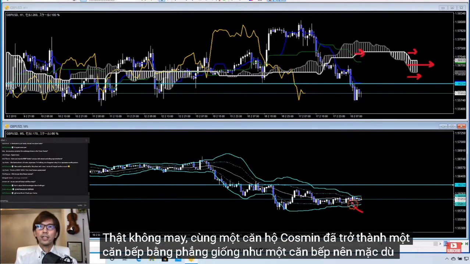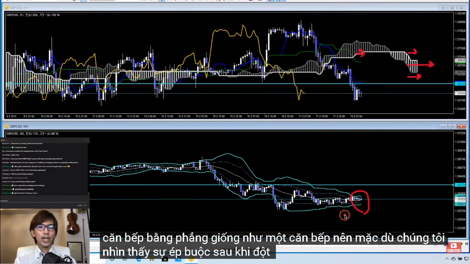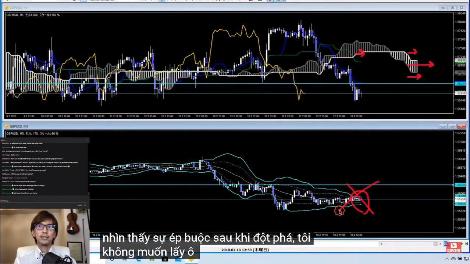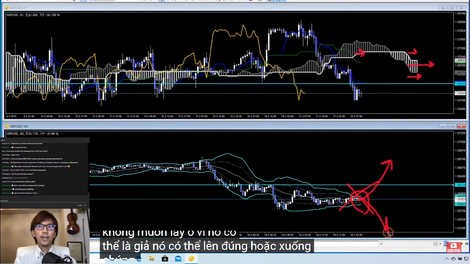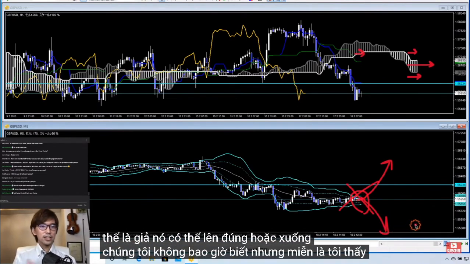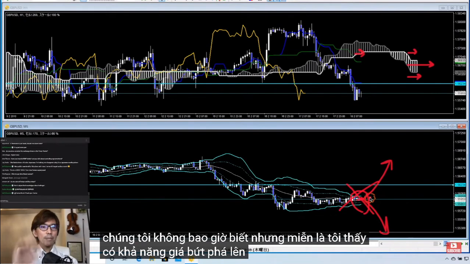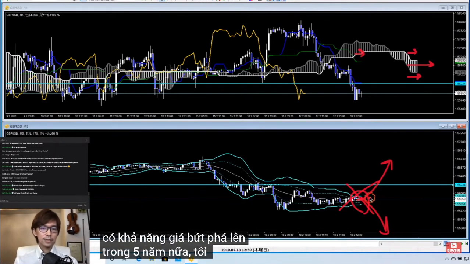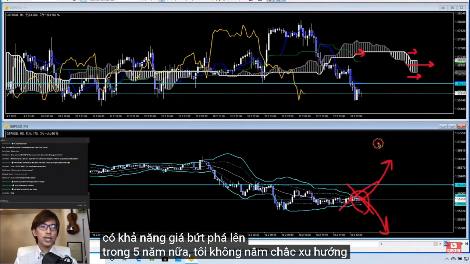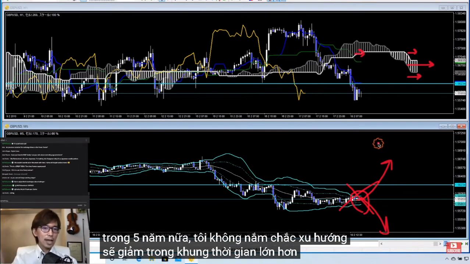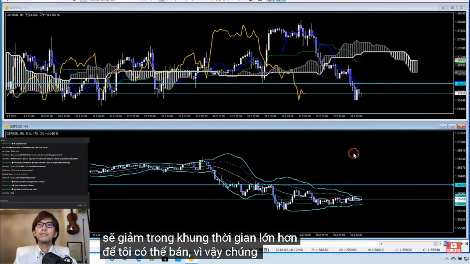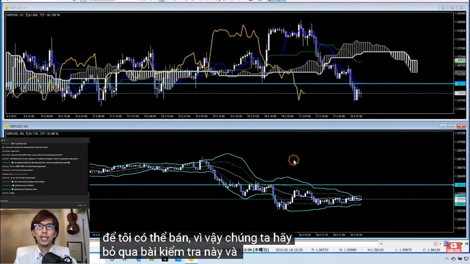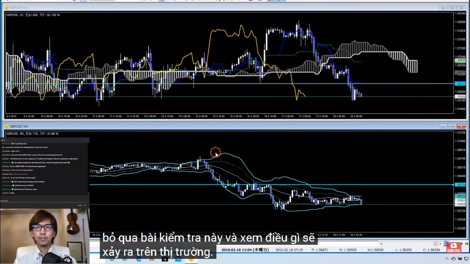So even though we see the squeeze after the breakout, I don't want to take sell. Because it might be fake, it might go up, right? Or down, we never know. But as long as I see there is a chance for the price to break upwards in 5, I don't take sell. Okay, the trend should be downtrend in the bigger time frame for me to be able to sell. So let's just skip this quiz and see what's gonna happen in the market.